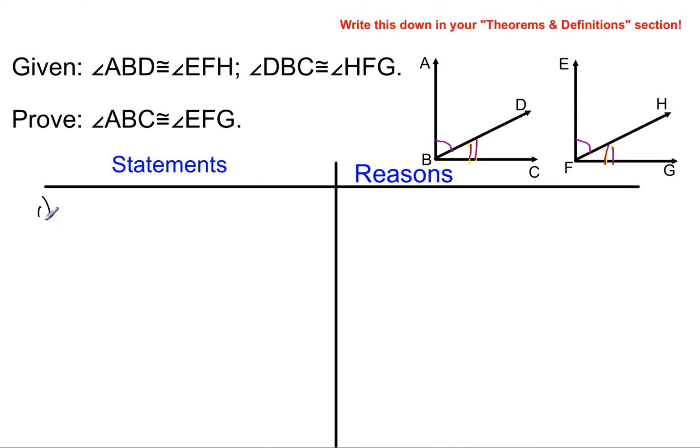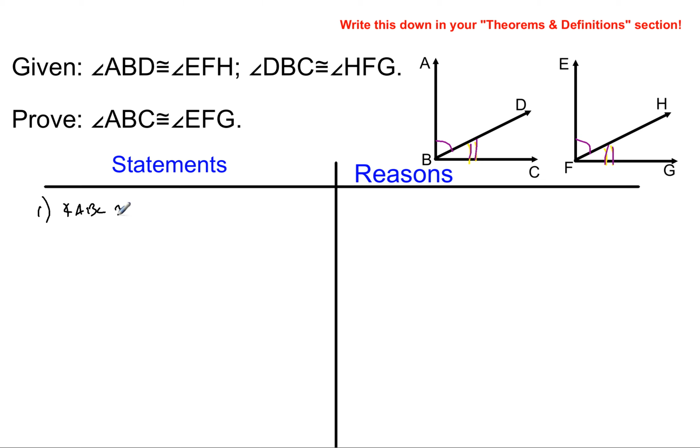So my first statement is going to be that angle ABC is congruent to angle ABD plus angle DBC. It makes no difference which one you write first, but for the sake of argument, let's just write the first one.